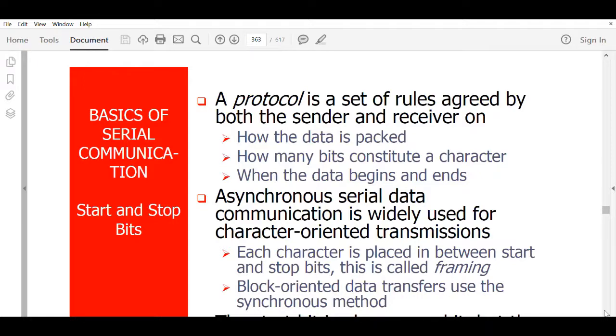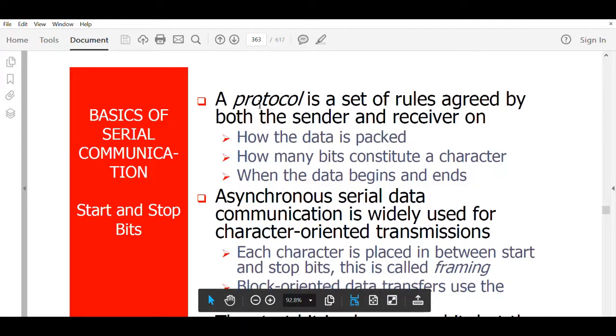Only then will it understand what the transmitter actually sent, because ultimately everything is just zeros and ones. By receiving a series of zeros and ones, the receiver should understand which one means what. So for that, they should have a set of rules, or a protocol.